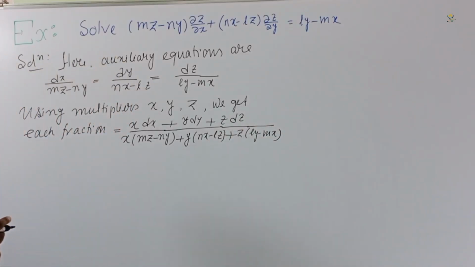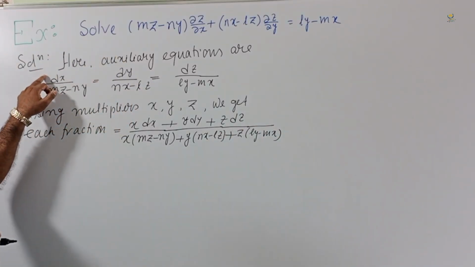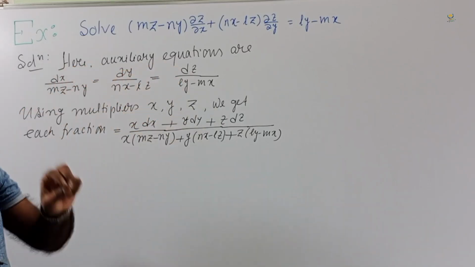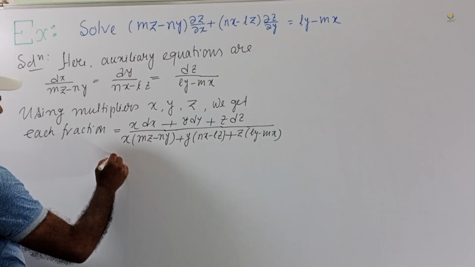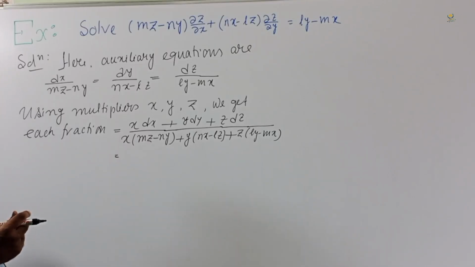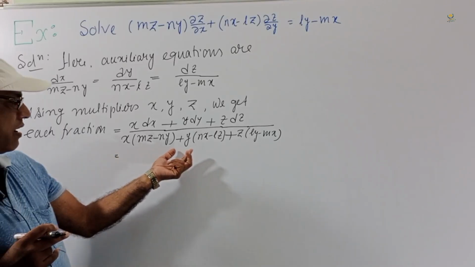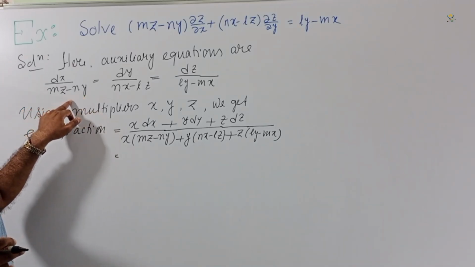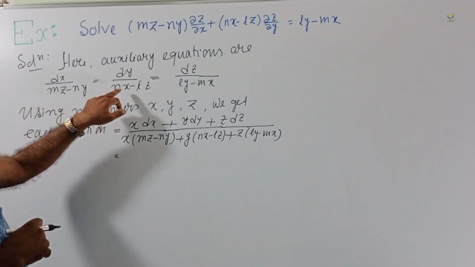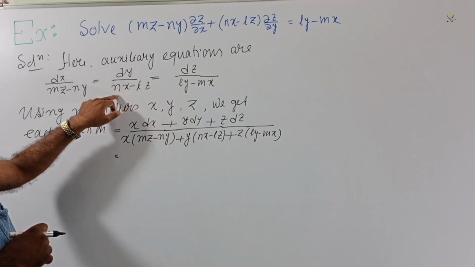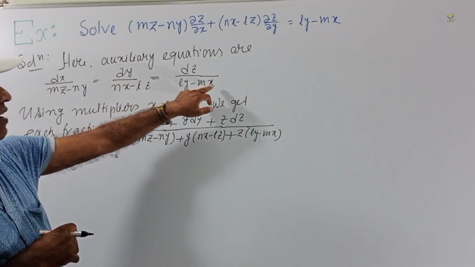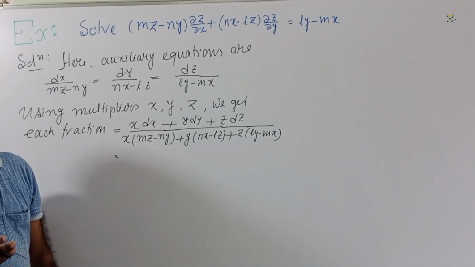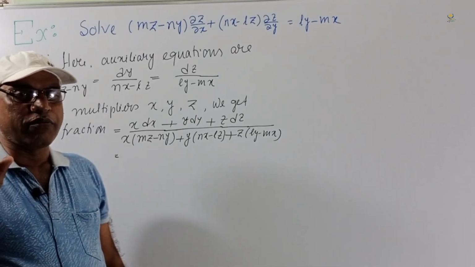We multiply the numerator and denominator by x, y, z and add. How do we know to multiply by x, y, z? Here z and y are given and x is absent, so we multiply by x. Here x and z are given and y is absent, so we multiply by y. And y and x are given, so we multiply by z. This is the technique to find the denominator 0.